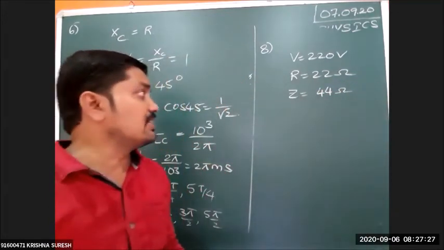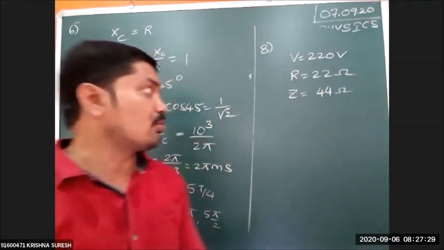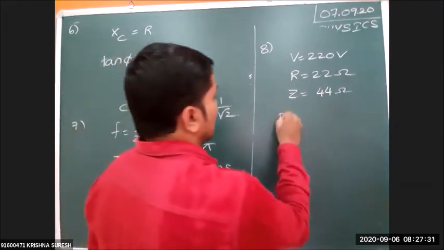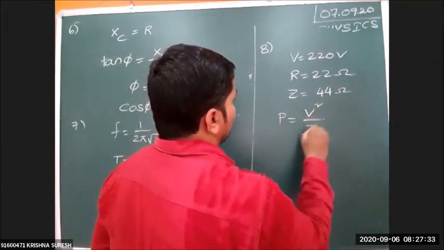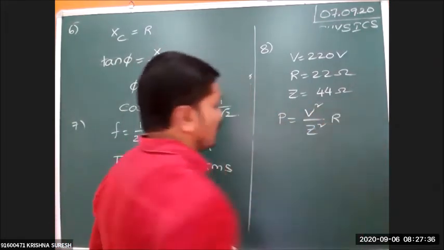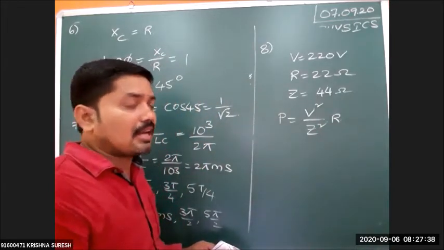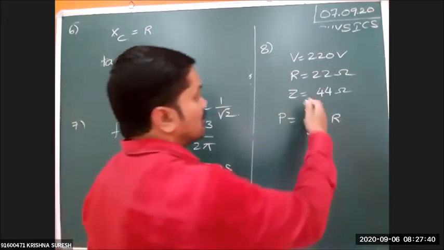Here the voltage is 220 volt. The power dissipated can be written as V square by Z square into R. The actual formula is VRMS IRMS into cos phi, so from that we can write this.